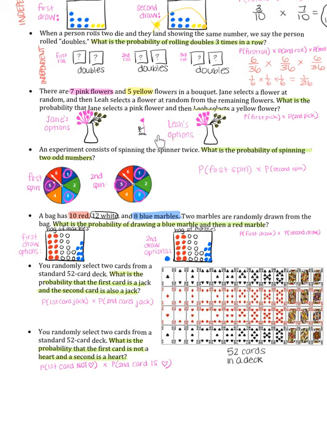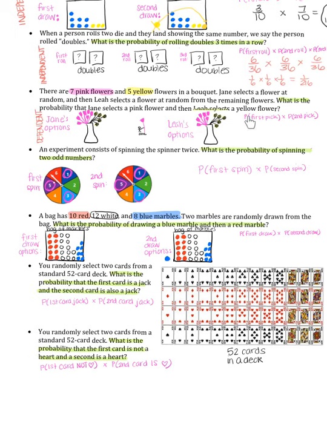Well, notice that after Jane has selected a pink flower, Leah's options are affected. She no longer has the same number of flowers to choose from. Because Leah's options are dependent on the flower that Jane has picked, these are dependent events.